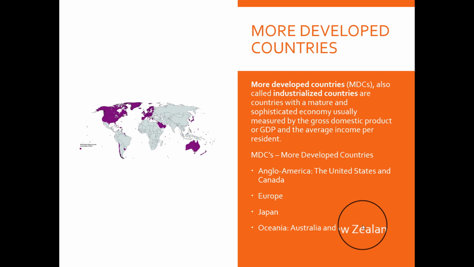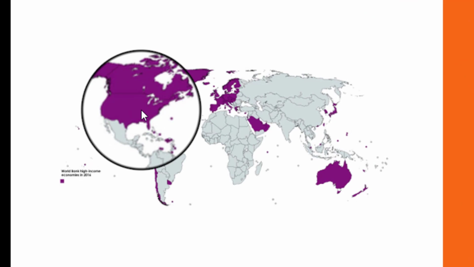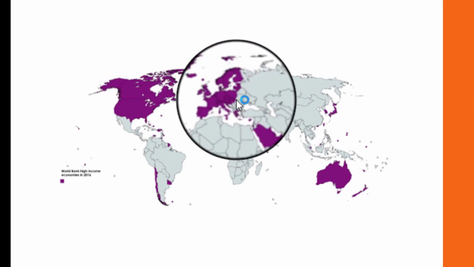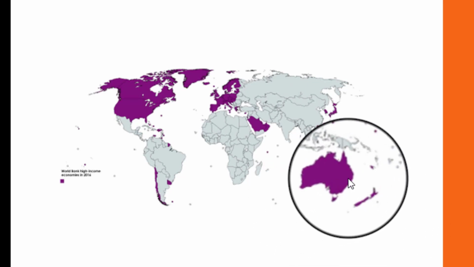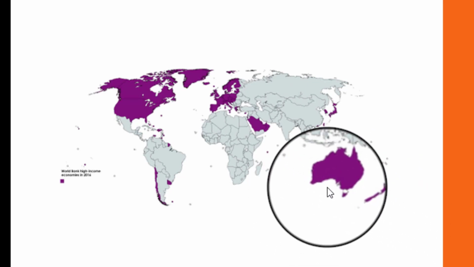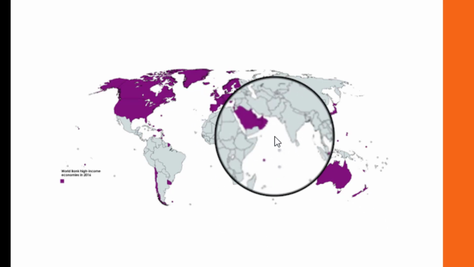Some examples of MDCs are the United States and Canada in Anglo-America, as you see here in this map, right? Europe, Japan, and parts of Oceania, right? Australia and New Zealand, parts of Oceania. And there's also some parts of the Middle East as well. Not entirely.